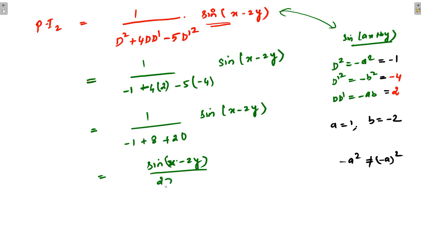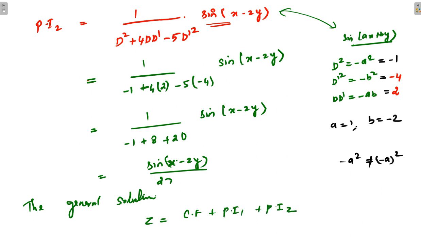So the general solution of this PDE is z equal to CF plus PI1 plus PI2.